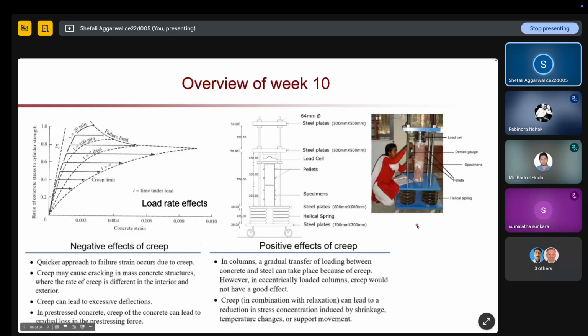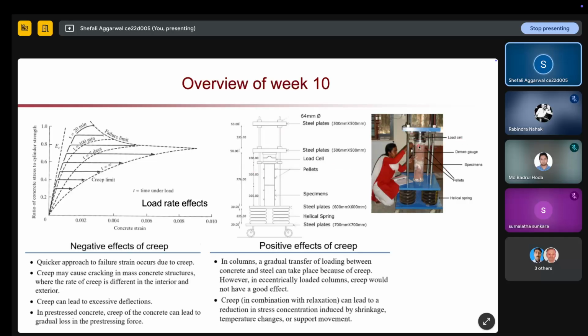And this is one of the equipment being used at IIT Madras to test the creep value. Sir might have explained fully the working principle of this equipment and how you are measuring strain values. We will attach a strain gauge.